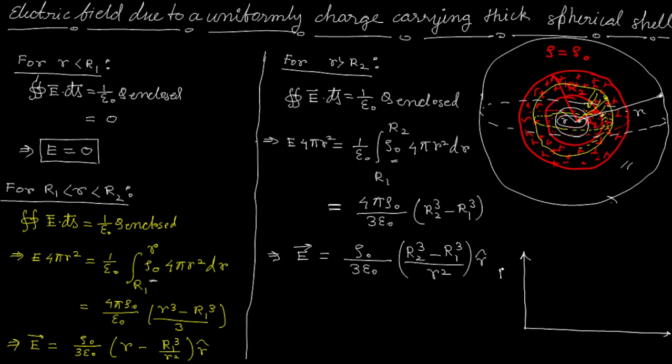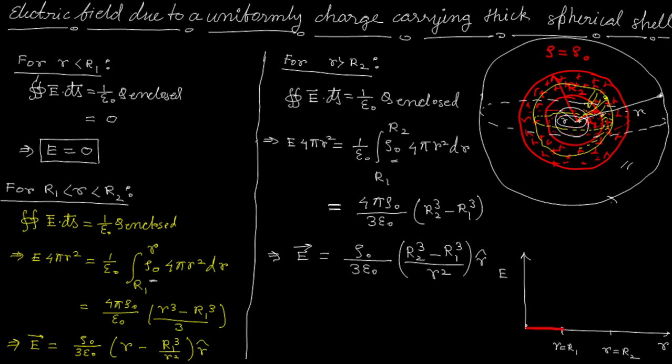Let's say on the y-axis we write the electric field, and on the x-axis we write the value of r, that is, the distance of the point from the center of the thick spherical shell. In this case, let me mark 2 points: one is r equals r1, another is r equals r2.